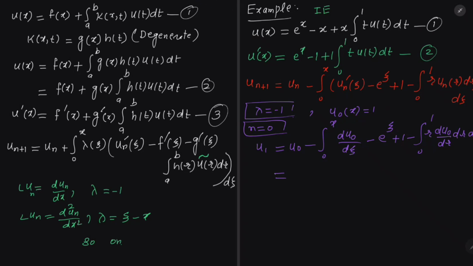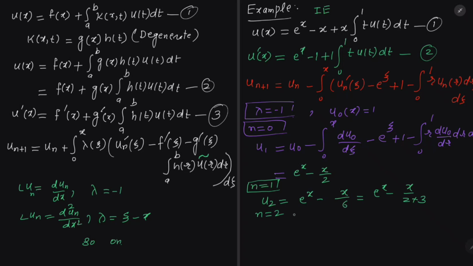So finally we get u1 equal to e raised to power x minus x by 2. Similarly, when n is equal to 1, we get u2. I think you can get it yourself; it is not very difficult. We get e raised to power x minus x over 6, that is e^x minus x over 2 cross 3.